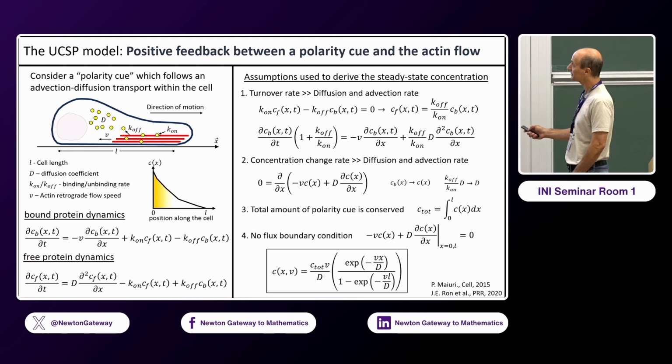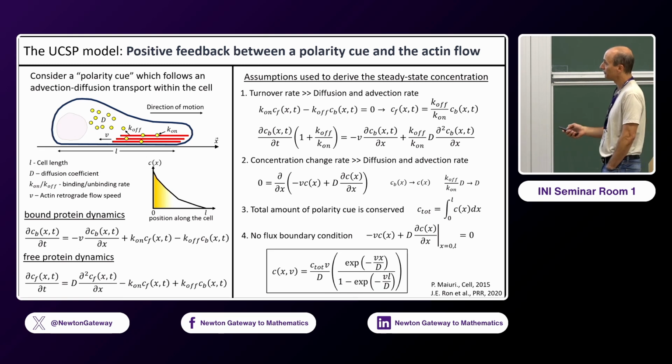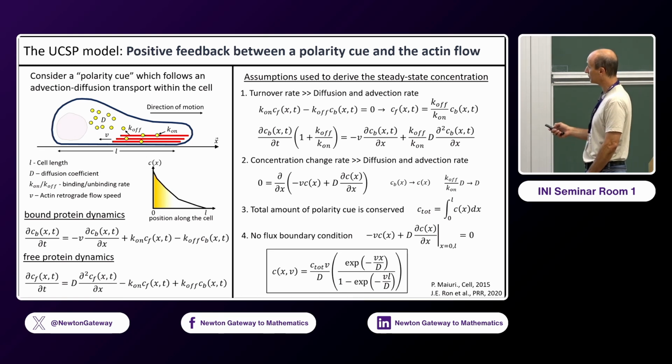So the idea is that these polymers polymerize in the front and depolymerize in the back. We don't describe that in detail, but there is some given velocity of this conveyor belt of filaments from the front to the back. And what it does is that it affects these molecules, because these molecules, when they are free in the solution, they diffuse, and when they are bound, they are advected with the flow. So there is a diffusion-advection description of these molecules.